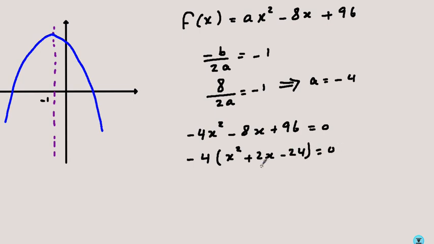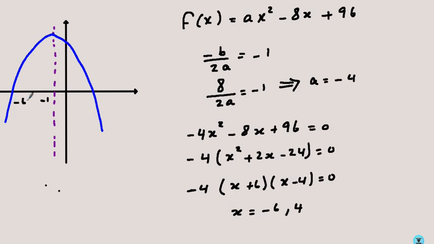This is easy to factorize. -4 times x plus 6 times x minus 4 equals 0. And obviously, you have two solutions. The two roots are x equals -6 or 4. So this will be -6, this will be 4. And you're done.